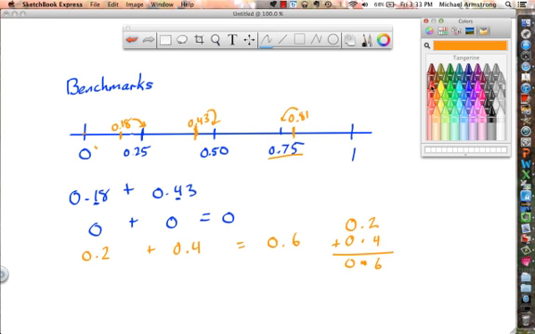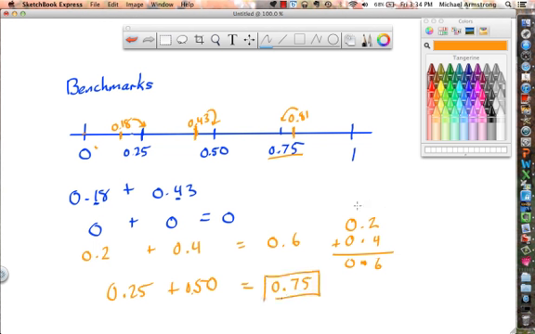So if we were to do it this way, we would round to 0.25 and 0.50, and we can actually do that in our head. 25 plus 50 is 75, 0.75.